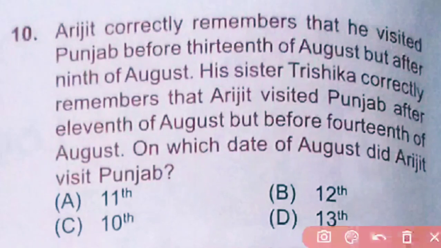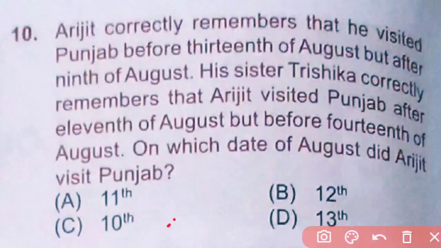Question 10. Arijit correctly remembered that he visited Punjab before 13th of August but after 9th of August. His sister Trishika correctly remembered that Arijit visited Punjab after 11th of August but before 14th of August.